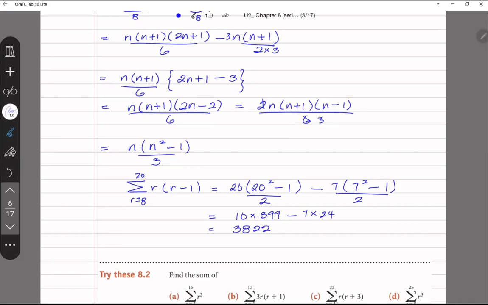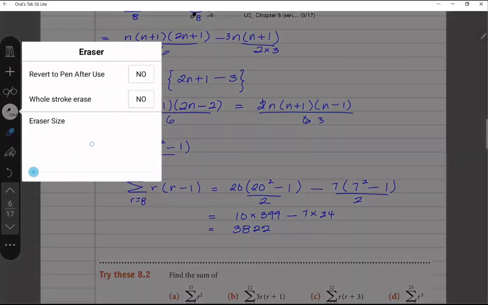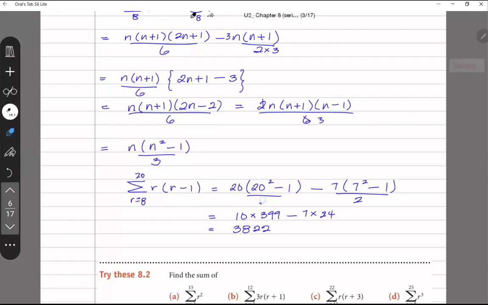So thank you for that correction. Let's fix it. This should be 3 here, not 2. And then everything down here is going to be wrong. And 3 here as well. So this is 3 here, 3 here: 20 times 399 over 3 minus 7 times 48 over 3.